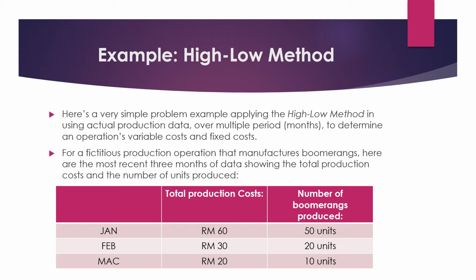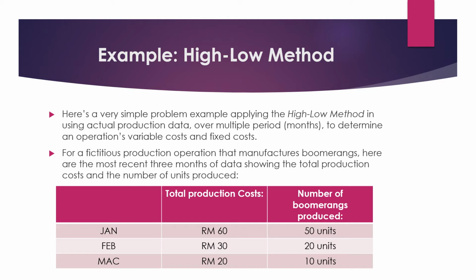Here's a very simple problem as an example applying the high-low method using actual production data over multiple periods, months, to determine an operation's variable cost and fixed cost. For example, a production operation that manufactures boomerangs. Here are the most recent 3 months of data showing the total production cost and the number of units produced.